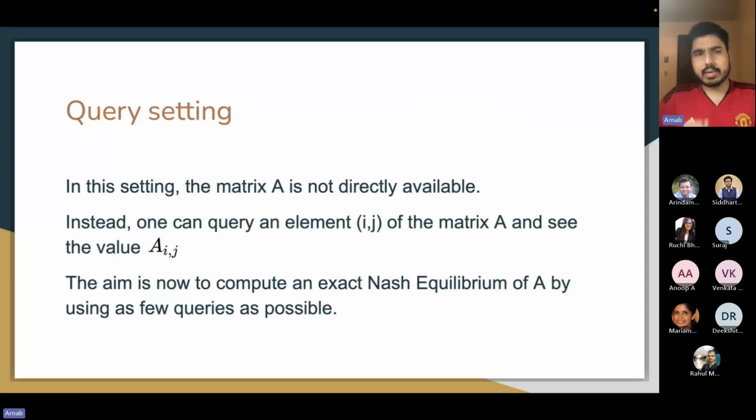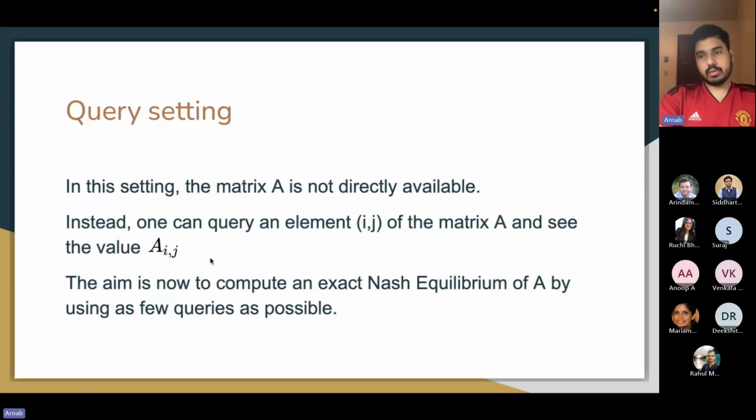We are looking mainly at a query setting where the matrix A is not given to us directly at the start. Instead, in each time step, we can query an element ij of the input matrix A and see the value aij.